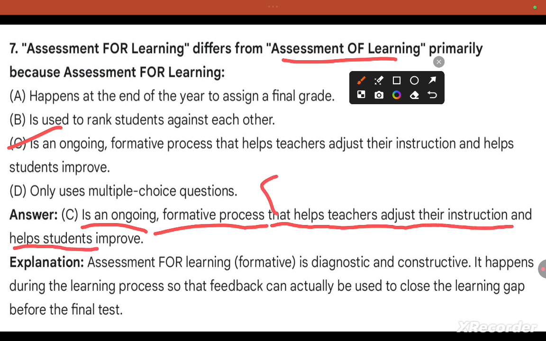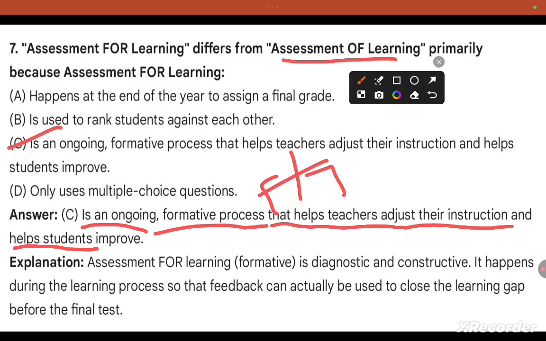If any student is a low learner, their learning difficulties will be diagnosed in formative assessment. That means it is an ongoing procedure.